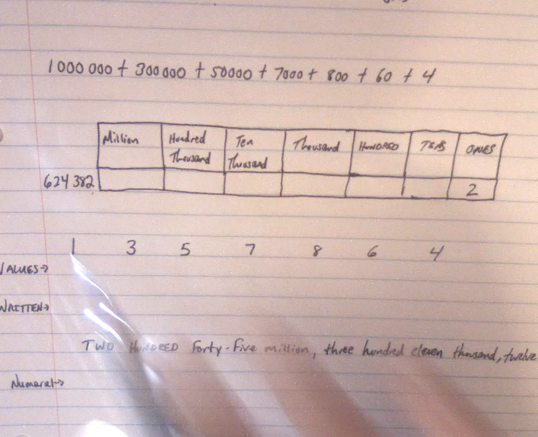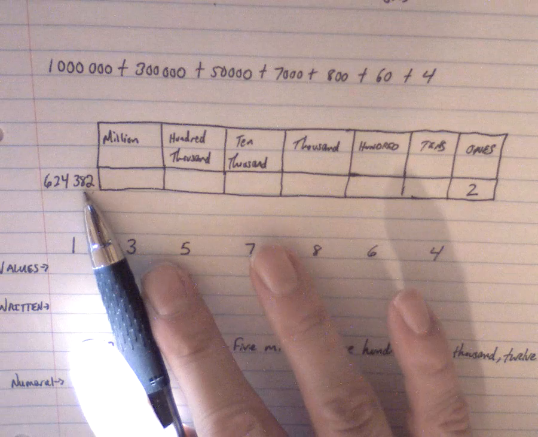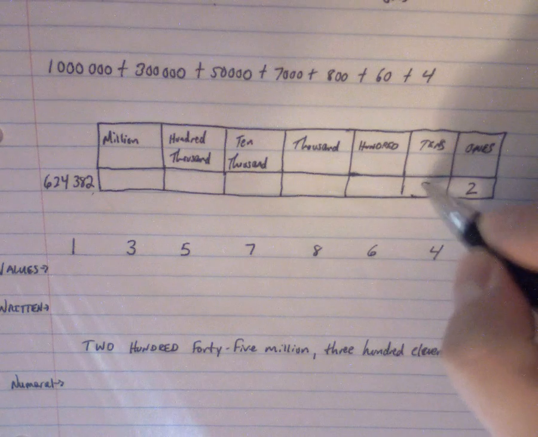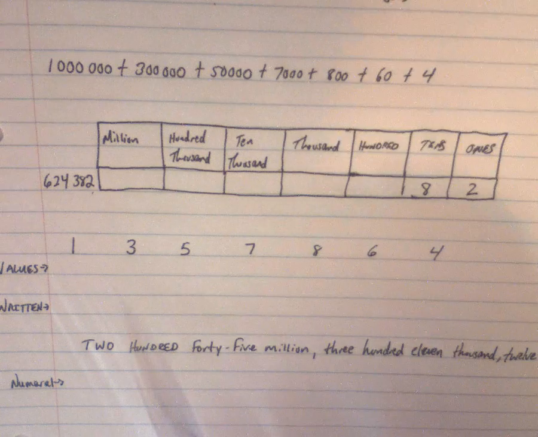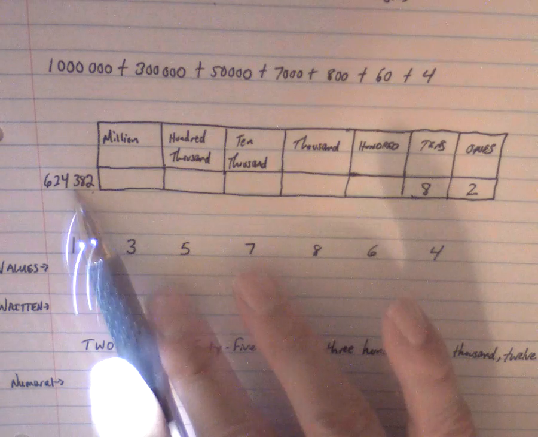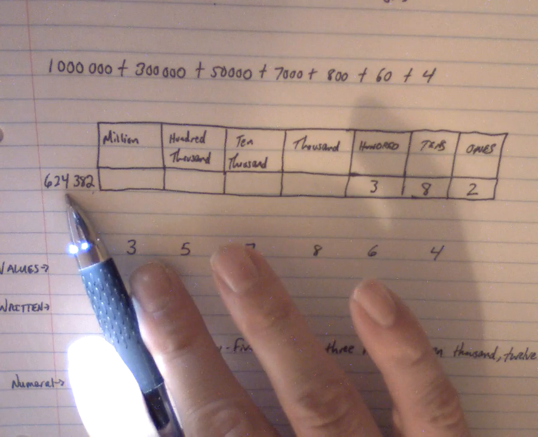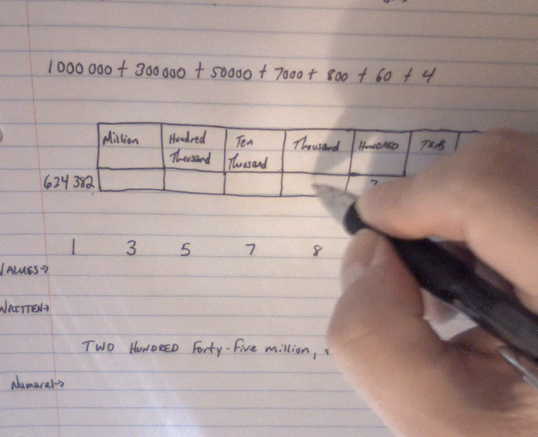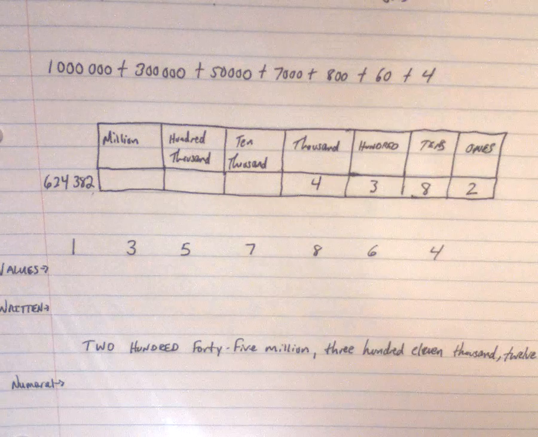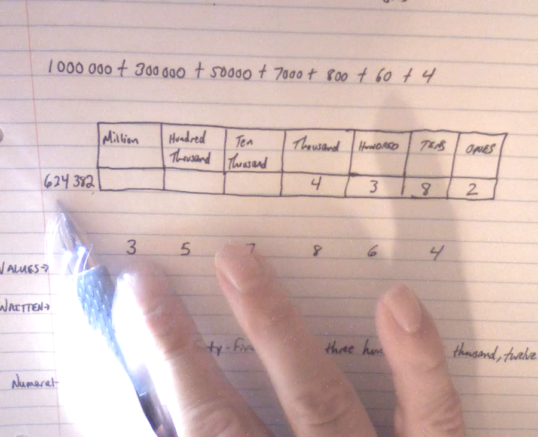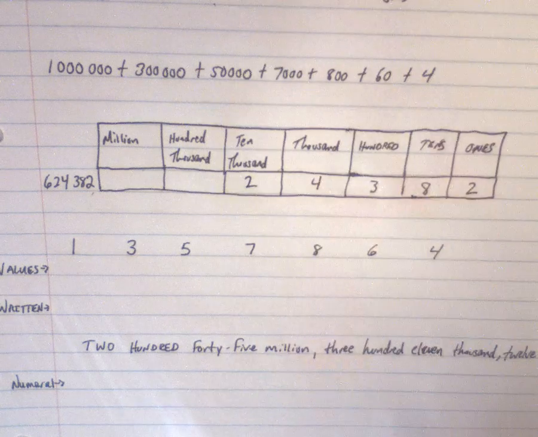Okay. Where does the 8 go? Well, the 8 is in the 10 spot. So we have 8 tens. The 3 is in the 100 spot. 300s. The 4 is in the 1,000 spot. The 2 is in the 10,000 spot.